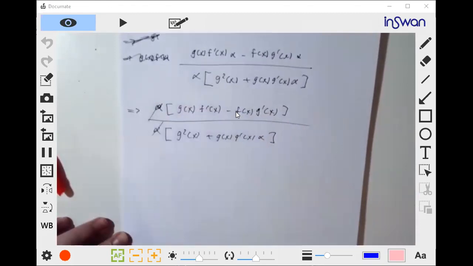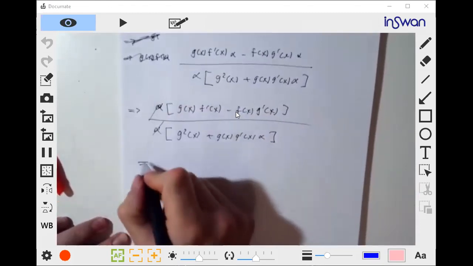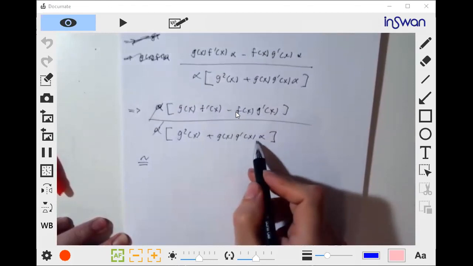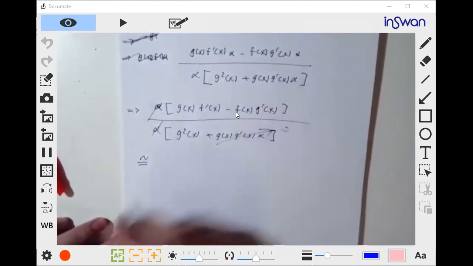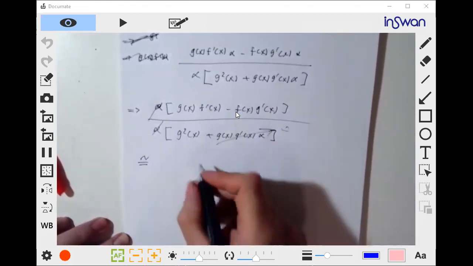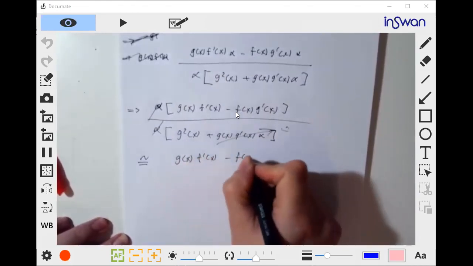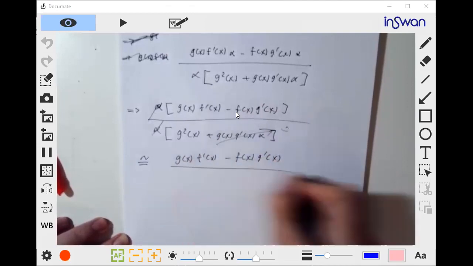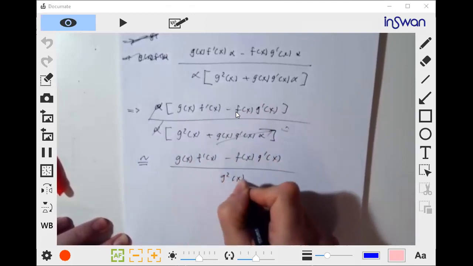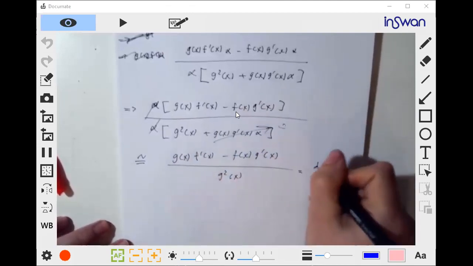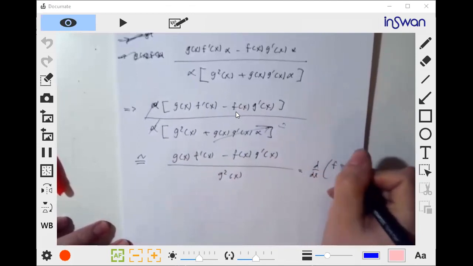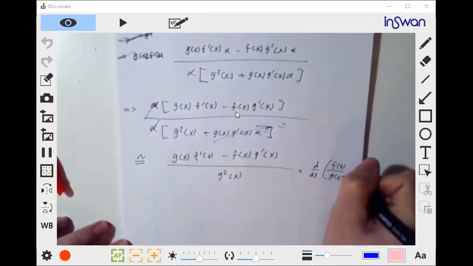Okay, canceling out the alphas and then approximating, everything with the alpha goes away. So this reduces to 0, and we just get our g of x, f prime of x minus f of x, g prime of x, all over g squared of x. And this is our d dx of a ratio of f of x over g of x.